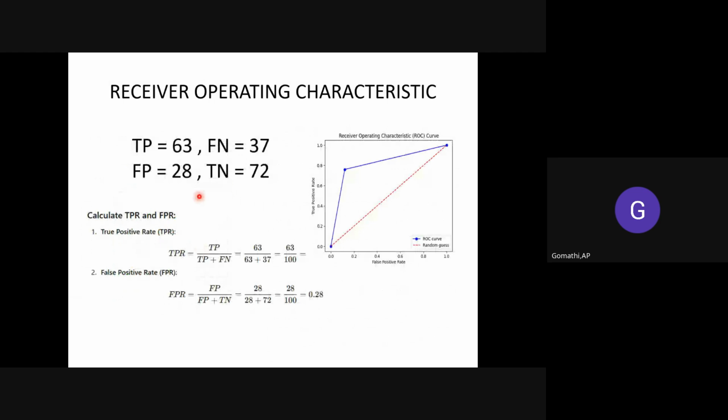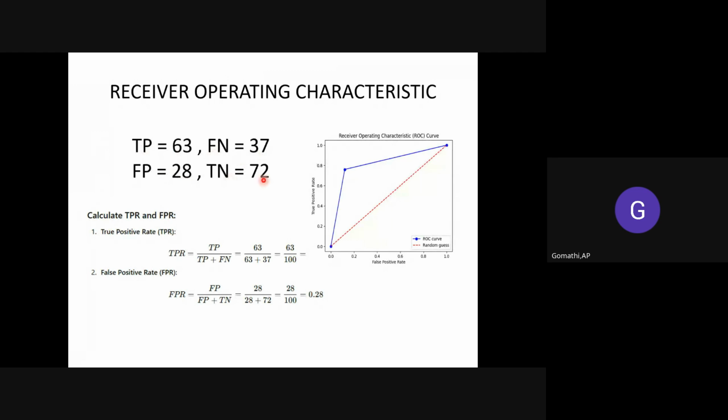Here, consider one example. We can draw the ROC curve based on the result. True positives, false negatives, false positives, and true negatives are given here. The true positive value is 63, the false negative value is 37, the false positive value is 28, and the true negative value is 72.